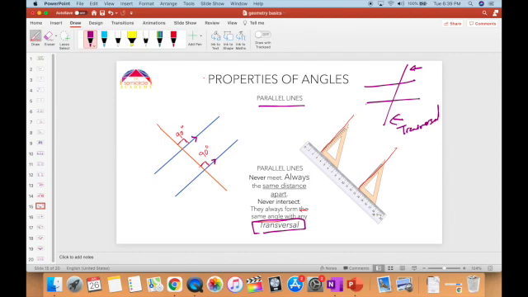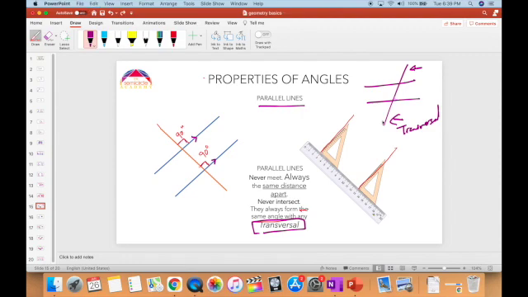And what they're saying here is that when we have two parallel lines and we draw a transversal, the angles are equal. So this angle here that the line is making with this bottom parallel is the same as this angle here that the line is making with the top parallel, because the two of them are parallel. So does that make sense to y'all?